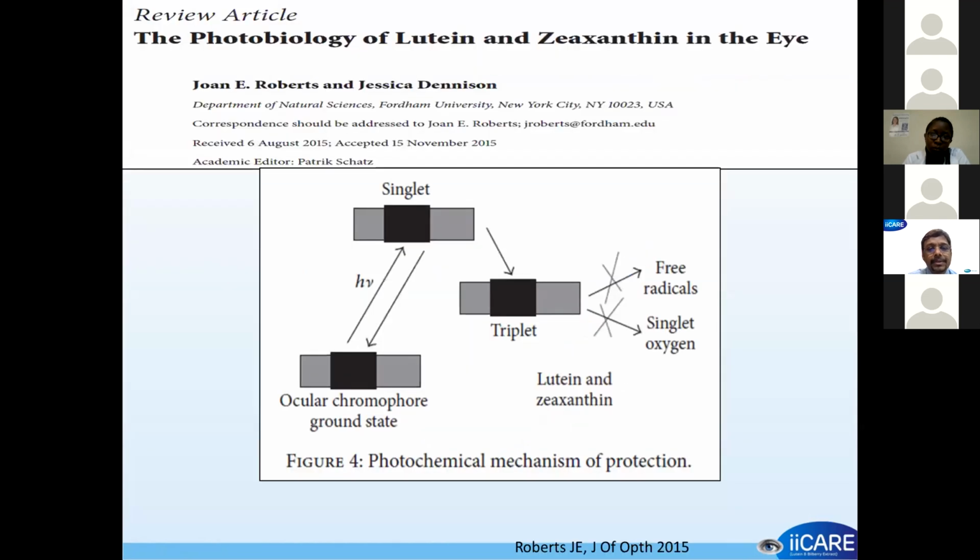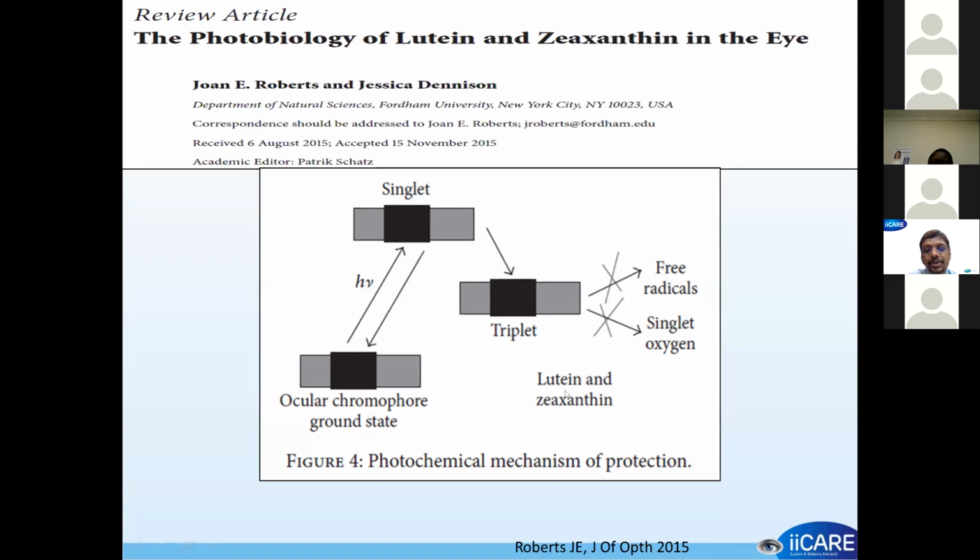So if we look at the mechanism of the photooxidative damage in terms of the ocular chromophore ground state disease, when it is exposed to the light, it is excited to singlet state and then to triplet state, which actually enhances the formation of free radicals and singlet oxygen, which are actually scavenged or quenched by lutein and zeaxanthin present in macula.